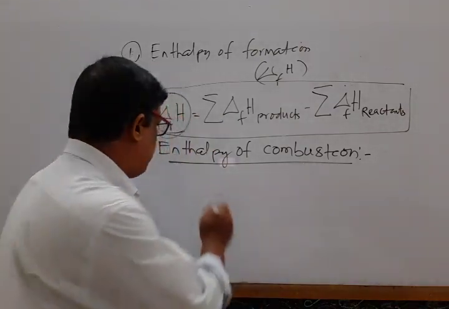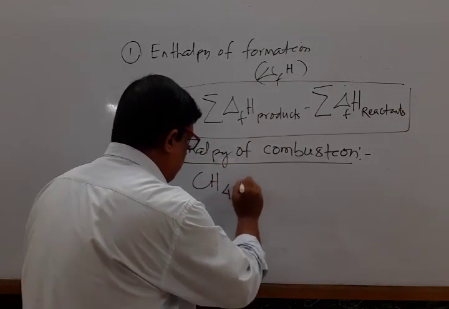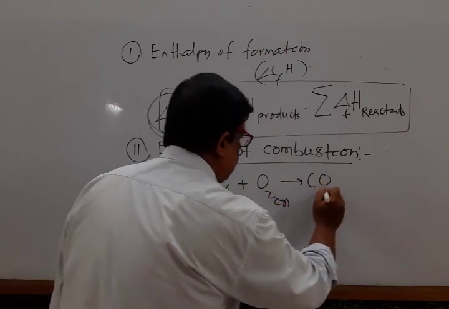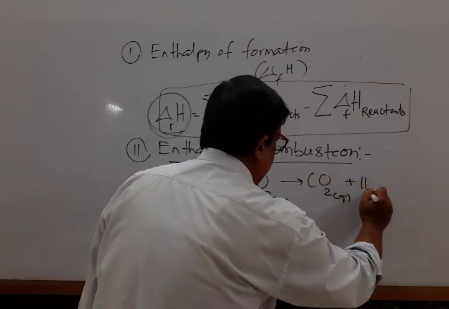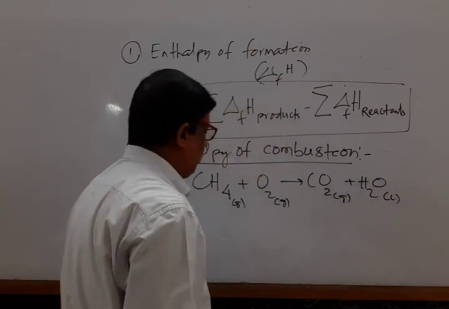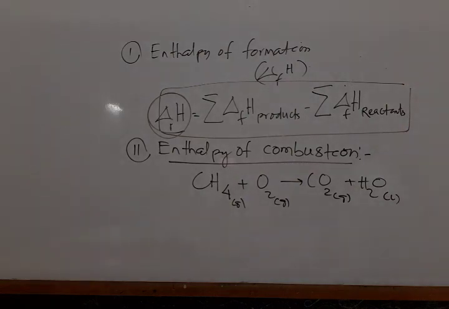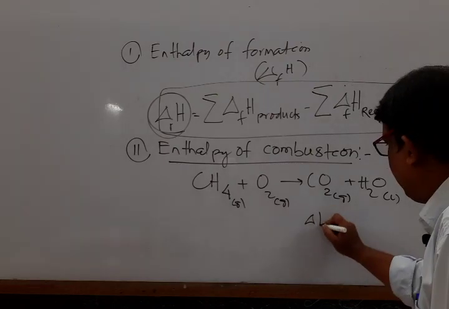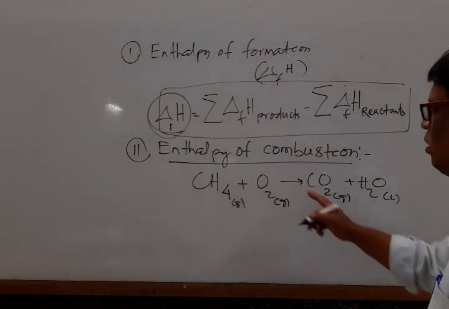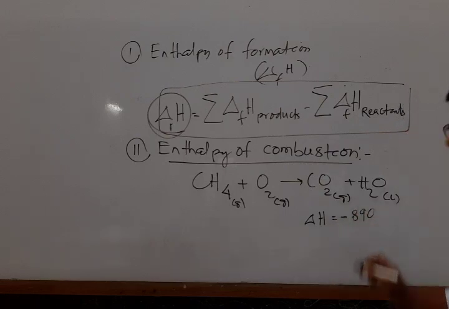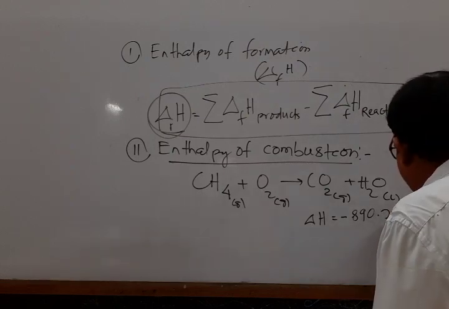For example, mark that, CH4 plus O2 gives CO2 gas plus H2O liquid. One equation is there. When 1 mole of methane undergoes complete combustion, it is experimentally found that the enthalpy of combustion, that is heat evolved, is equal to minus 890.2 kilojoule.